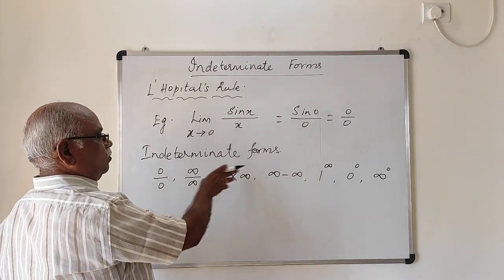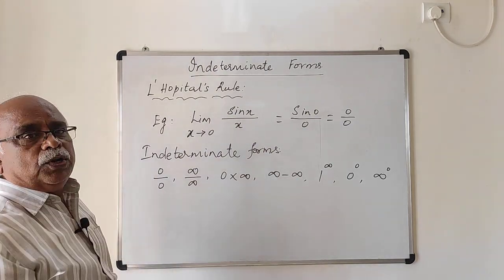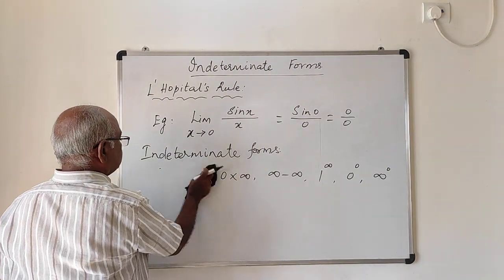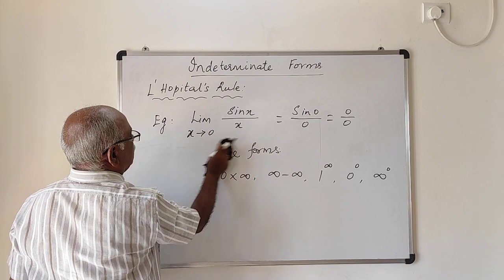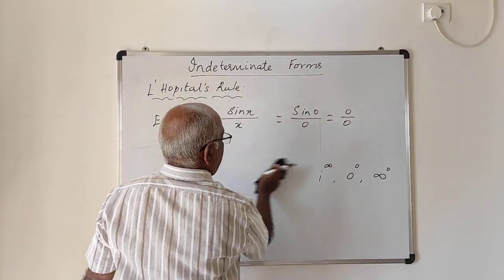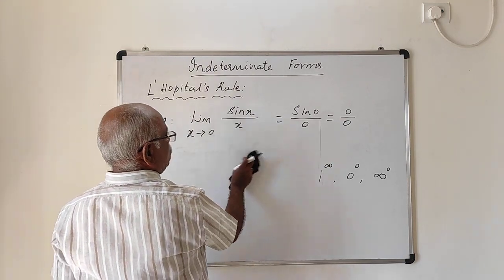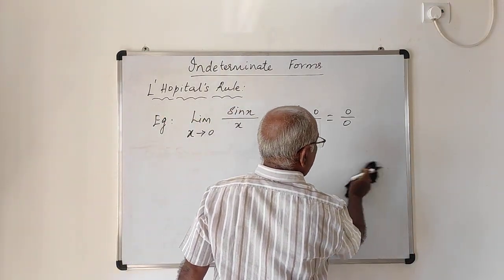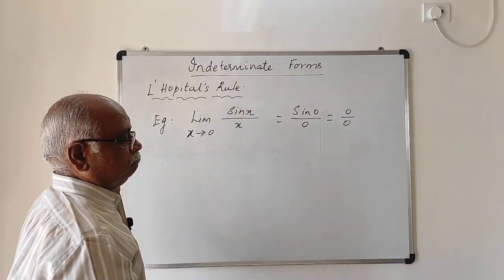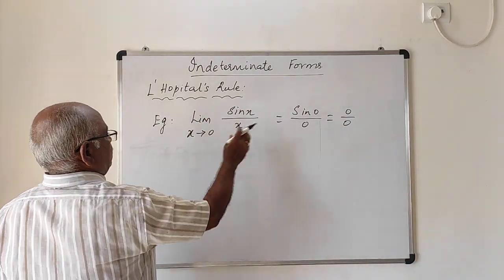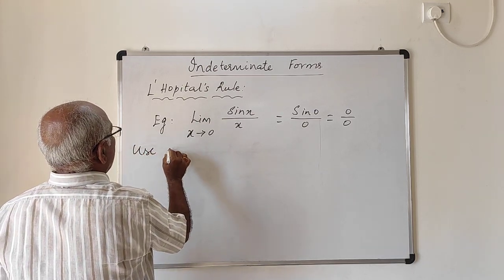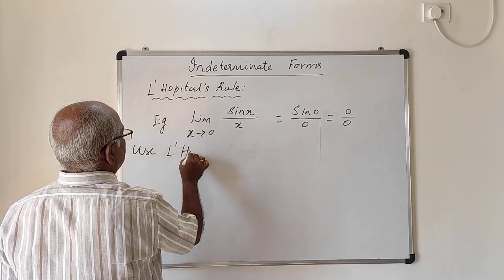These are the indeterminate forms to take down. While evaluating the limit x tends to 0 of sin x by x, we get sin 0 by 0. Sin 0 is 0, so it is 0 by 0, an indeterminate form. So for this case, we have to use L'Hopital's rule.